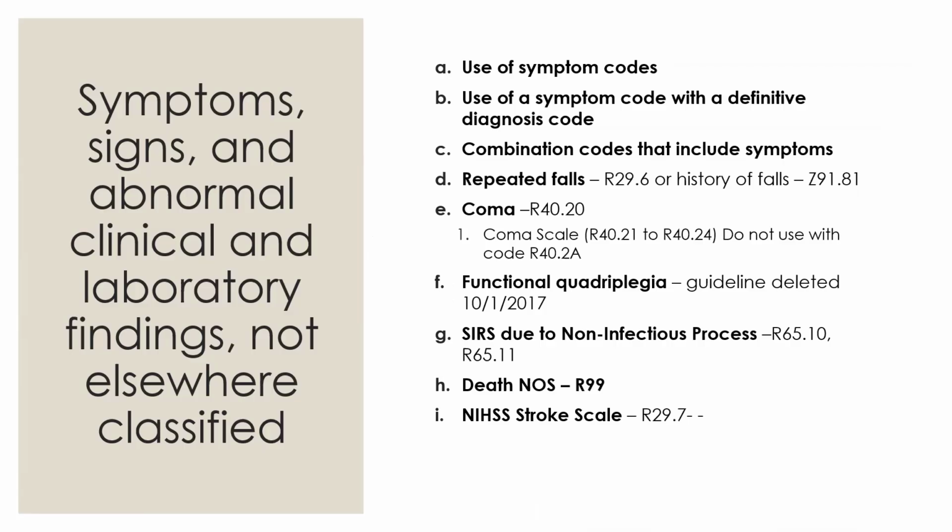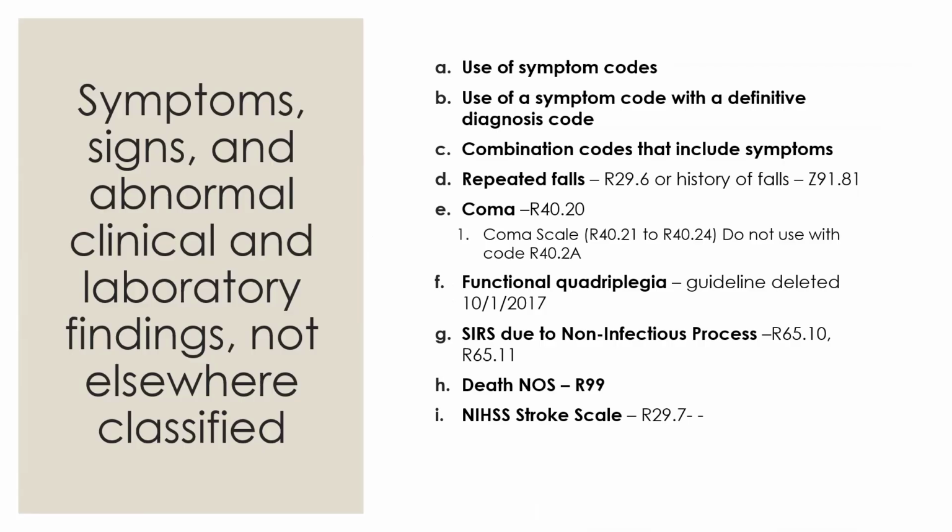The NIH stroke scale codes, R29.7, can be used in conjunction with acute stroke codes I60 through I63 to identify the patient's neurological status and the severity of the stroke. The stroke scale codes should be sequenced after the acute stroke diagnosis code or codes.